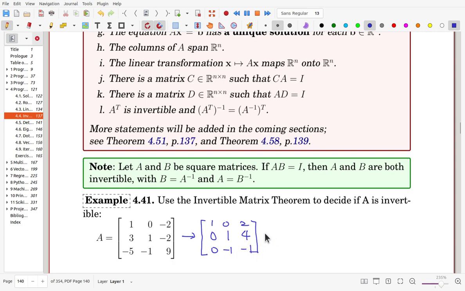Okay, from here, again, along with this pivot, we can make it 0, 1, 0, 2. Anyway, you have to reach an echelon form. So it's 0, 1, 4, and then 0, 0, and 3. We have 3 pivots in the echelon form. So the columns are linearly independent, which means that the matrix is invertible, right?